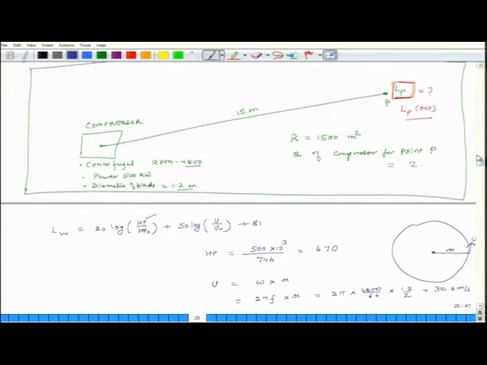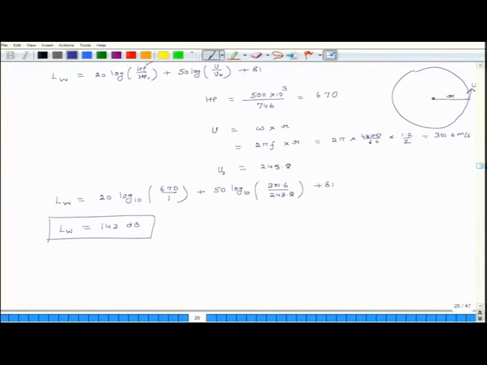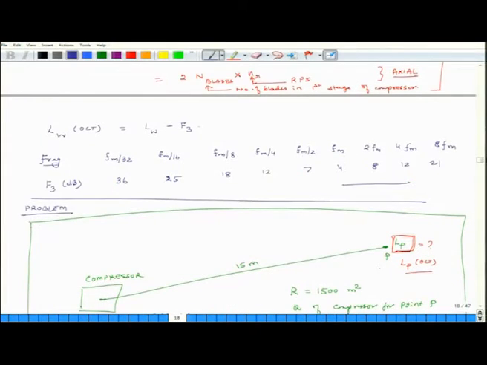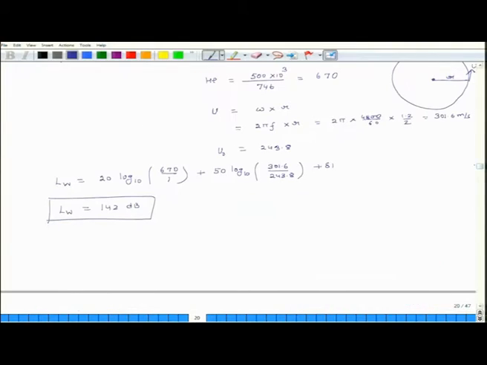Now, we have to find LP, and this LP we can directly find by using the relation which we have discussed earlier. But not only LP, we also have to find LP for each octave band, and in context of that we have to know what is FM, otherwise we cannot use this table, because the value of F3 depends on the value of FM. So, we will find the value of FM.